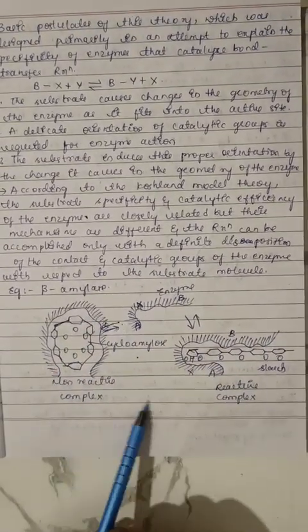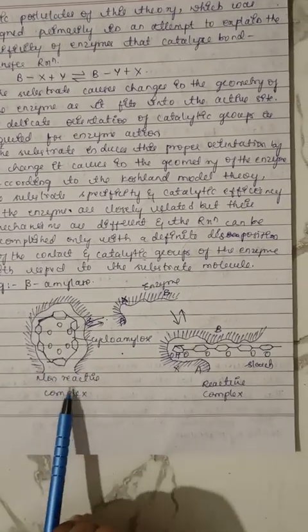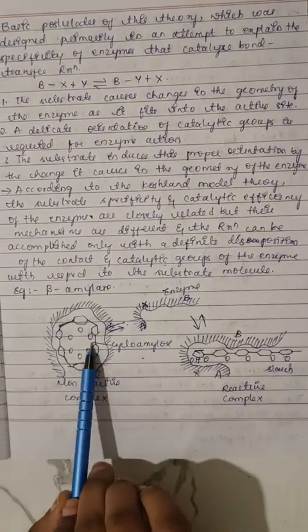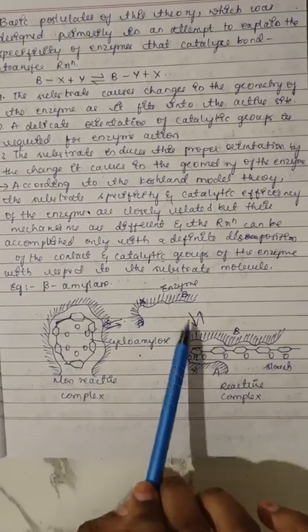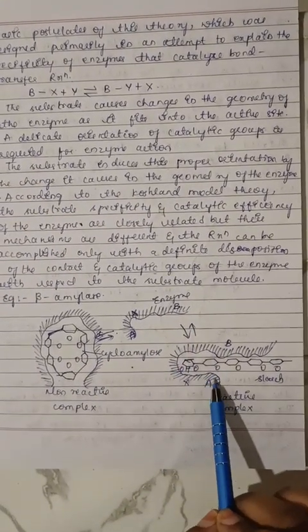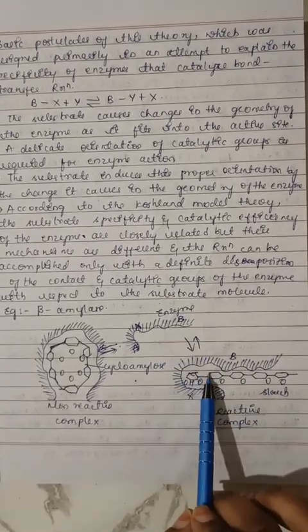For example, here we can observe this figure is related to beta amylase, and this is a non-reactive complex, and these are called the cycloamylose, and this is the enzyme part which is interacting with this part of the starch, and this is called the reactive complex which is interacting with this enzyme.